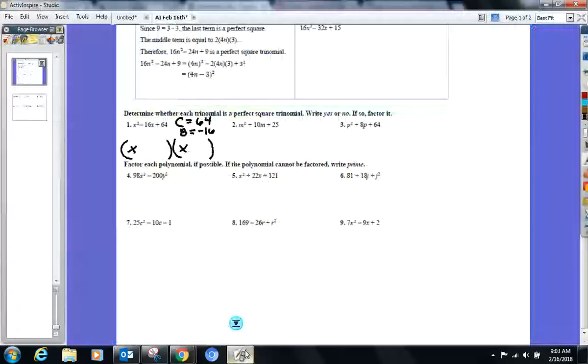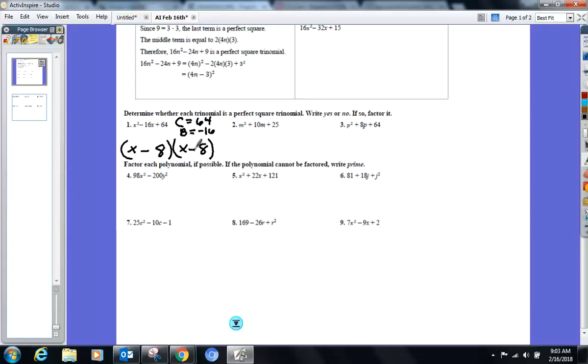All right, I'm going random myself here. 12, what do you got? 8 and 8. All right, I like your numbers. Now make them add to negative 16 for me. Negative 8, negative 8.